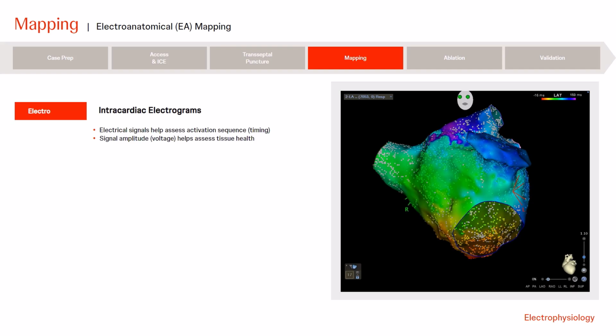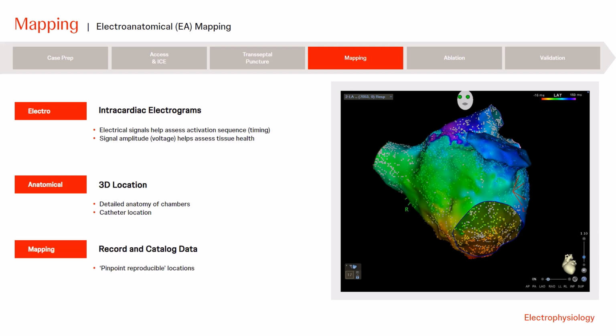First, electro refers to the electrical data the system collects from intracardiac electrograms. Next, anatomical refers to the three-dimensional location information of the detailed cardiac anatomy and the real-time location of the catheters inside the chambers. Finally, mapping refers to the ability to record and catalog the data collected in each location using Carto3 system-compatible catheters.